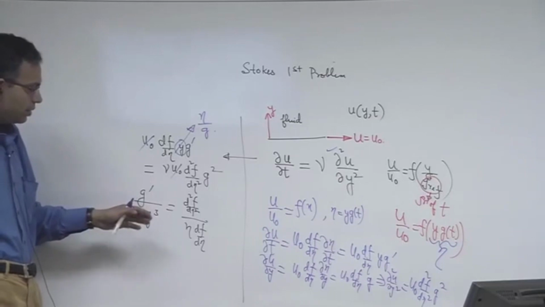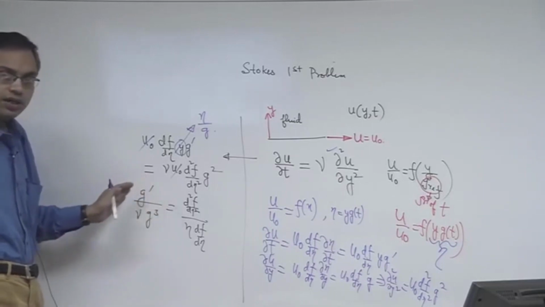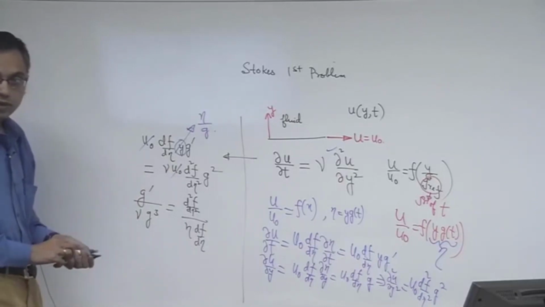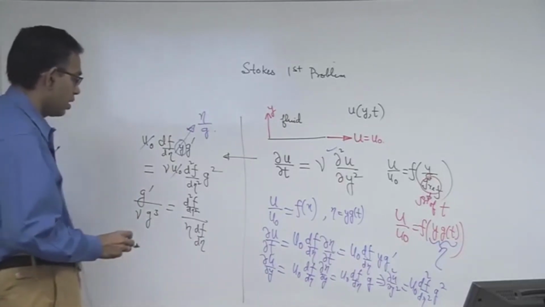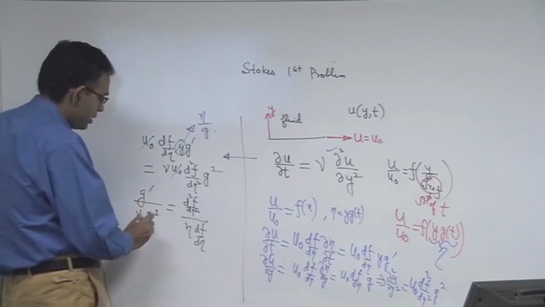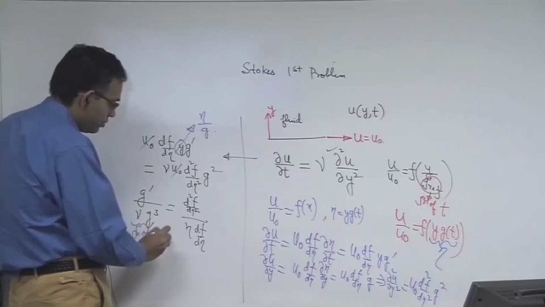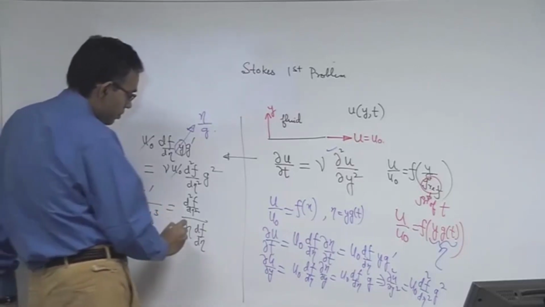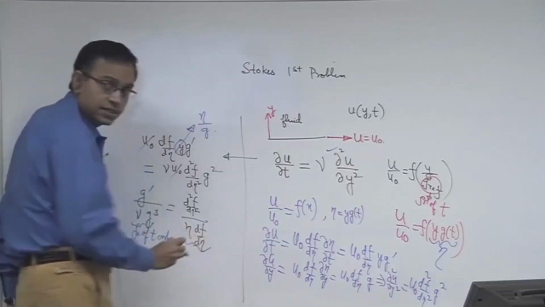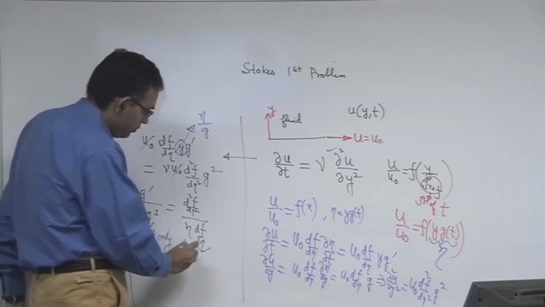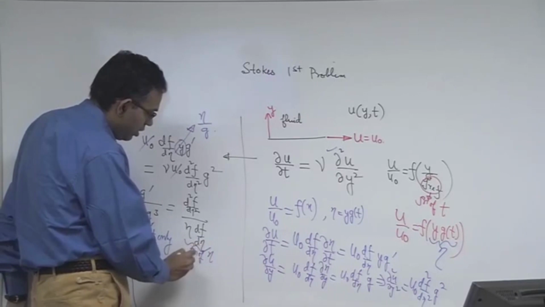So, we have clubbed all functions of t on one side and all functions of eta on the other side. So, this is a function of t only, this is a function of eta only.